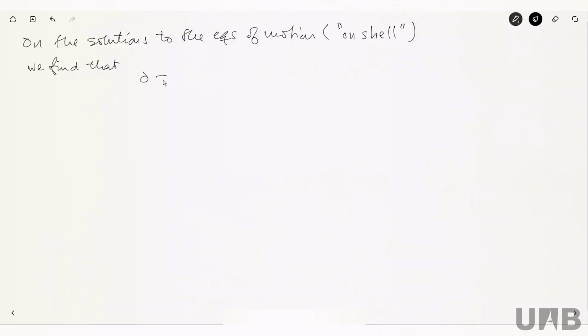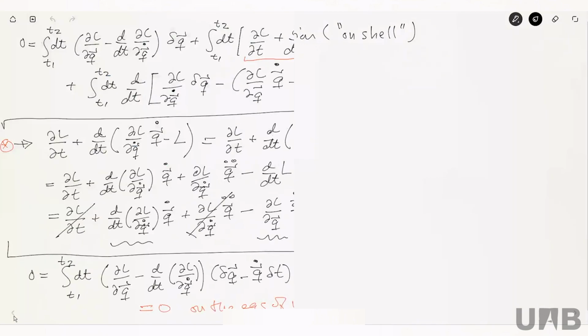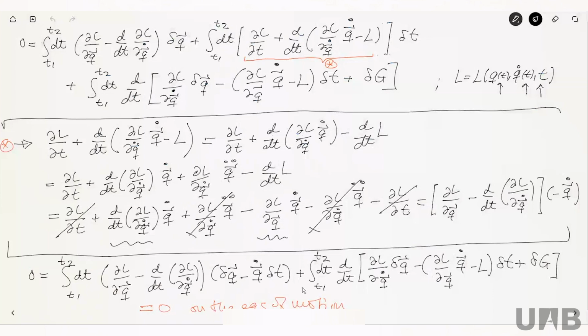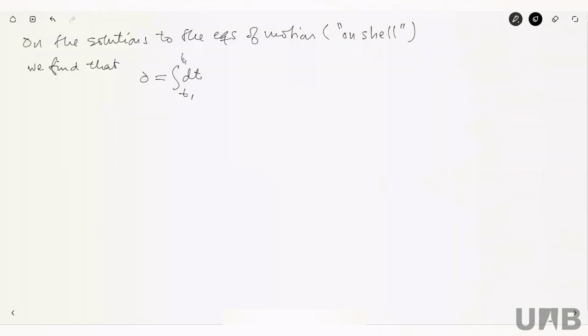we find that zero is, let's go back, this integral right here, right? So that means it is the integral dt from t1 to t2 of d/dt, and now it is the partial of L with respect to q dot times delta q, minus the partial of L with respect to q dot times q dot minus L, times delta t, plus delta g.